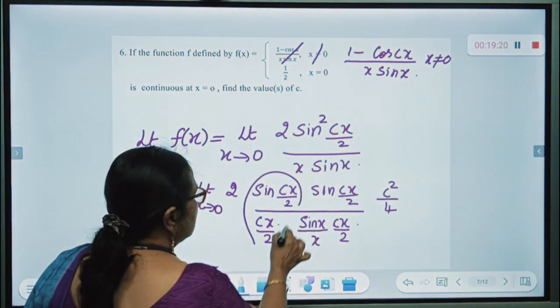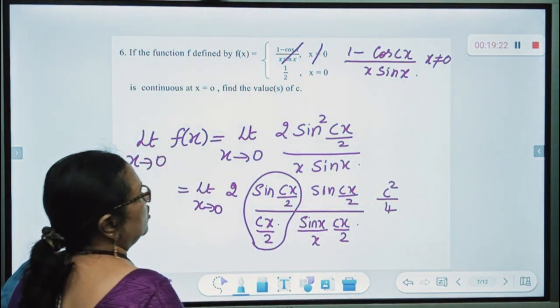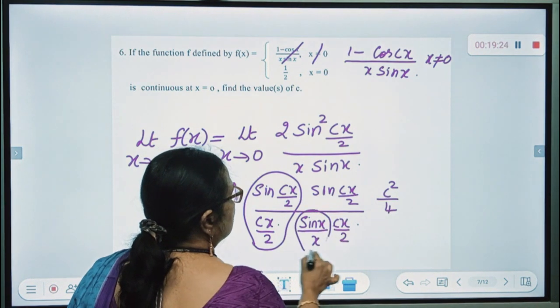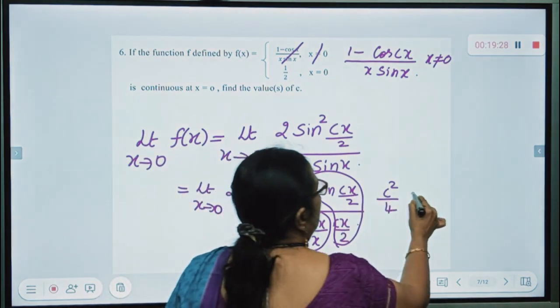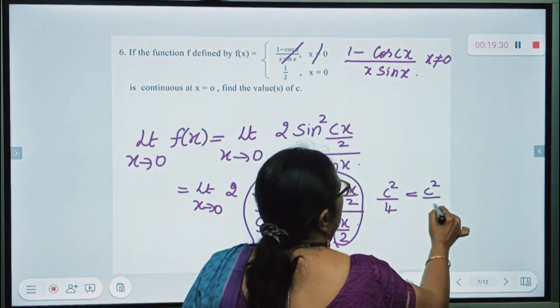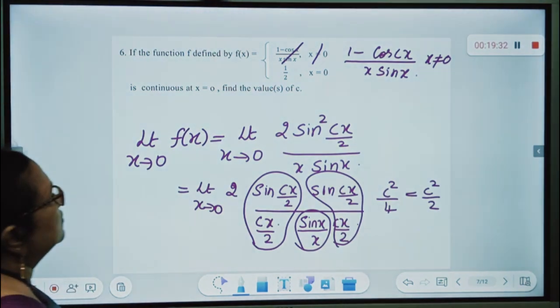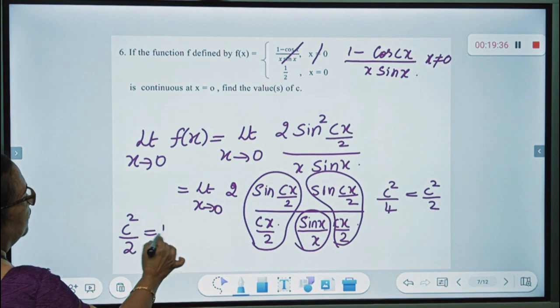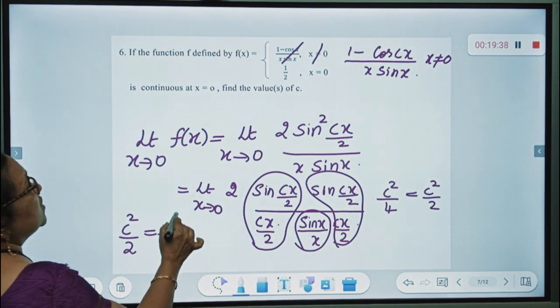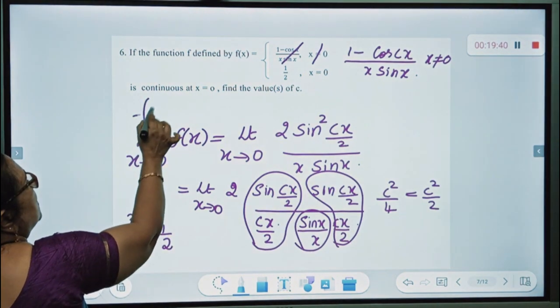Now as x tends to 0, this becomes 1, this becomes 1, this becomes 1, giving you c square by 2. Now c square by 2 is given to be half. Why? Because f is continuous.